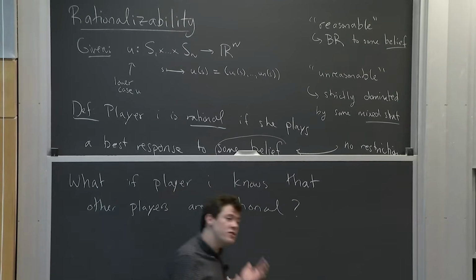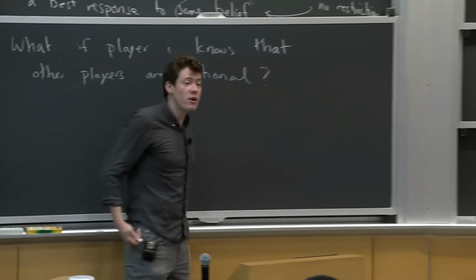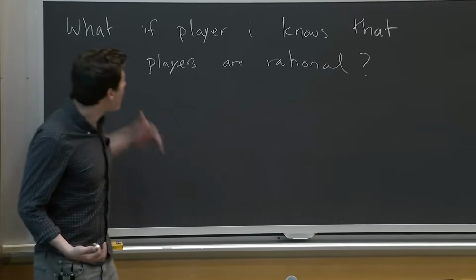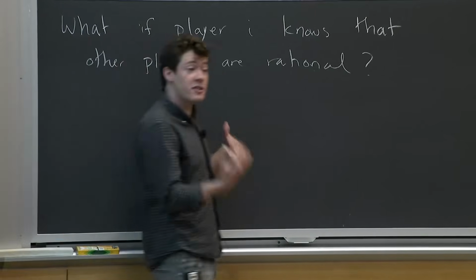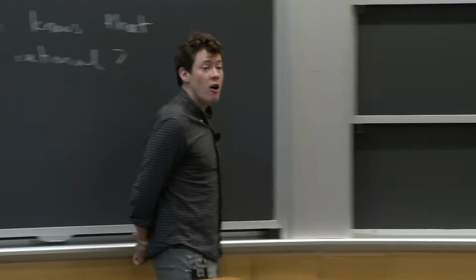Would this change the way that player I might play, or would this impose any additional restrictions? What do you think? What might change if player I, in addition to being rational herself, also knows that the other players she's playing against are rational?